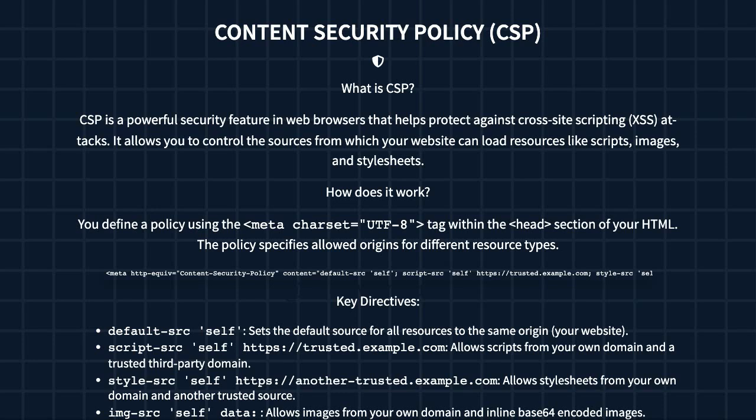We define this policy using a meta tag in our HTML telling the browser what sources are trusted. You can then set directives like script-src or style-src to specify allowed domains. CSP significantly reduces the risk of cross-site scripting attacks, which can be really harmful to users and your website's reputation. It's all about giving you greater control and boosting that security.